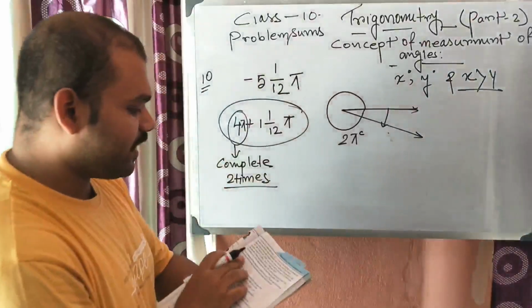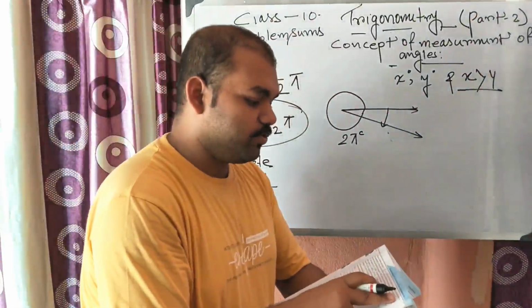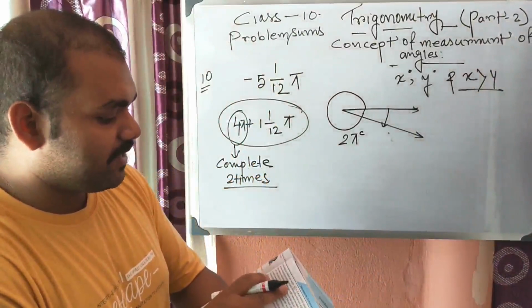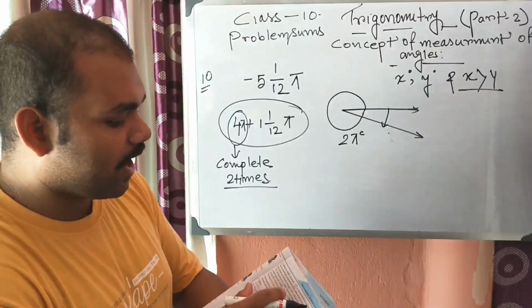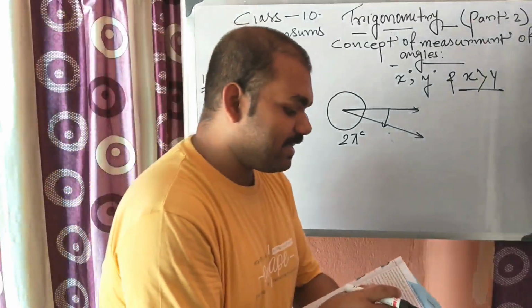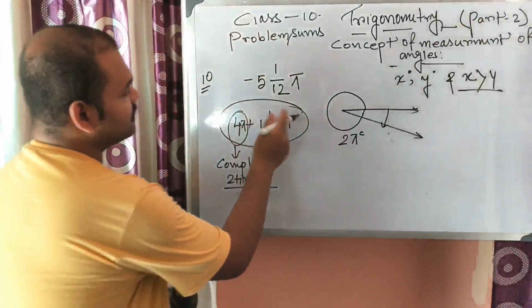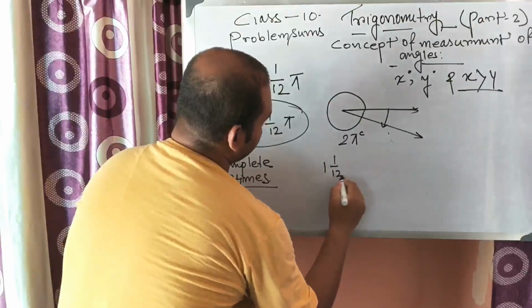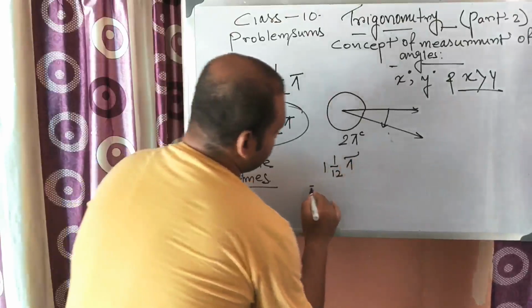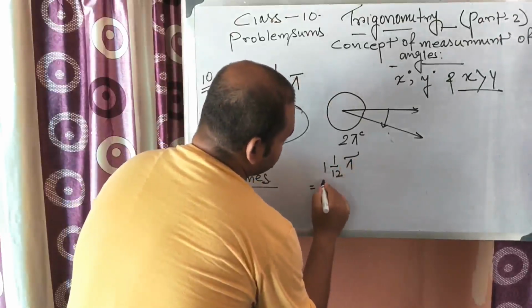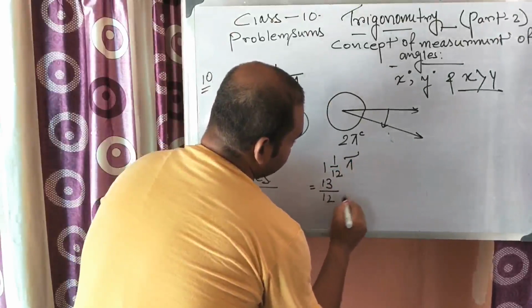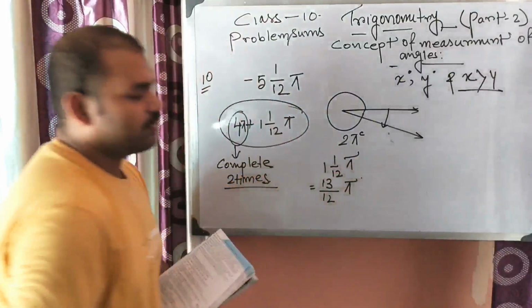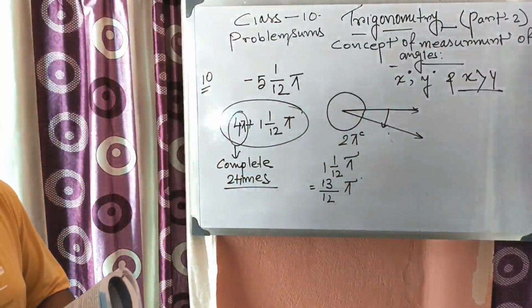So you need to find out in which direction the ray has completely rotated, and thereafter what more angle it produced. So the more angle is 1 whole 1 by 12 pi, which is equals to 13 by 12 pi.